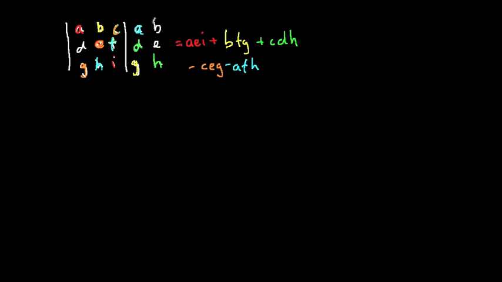And we have B, D, and I. Okay, so that's minus B, D, and I. Okay, so that's Sarrus's rule.